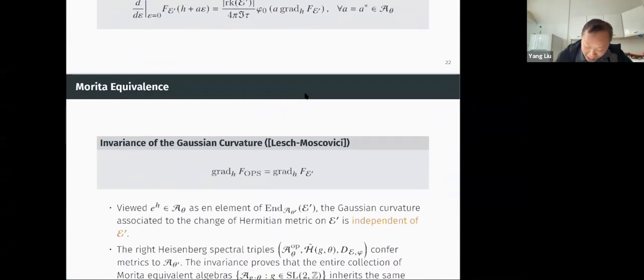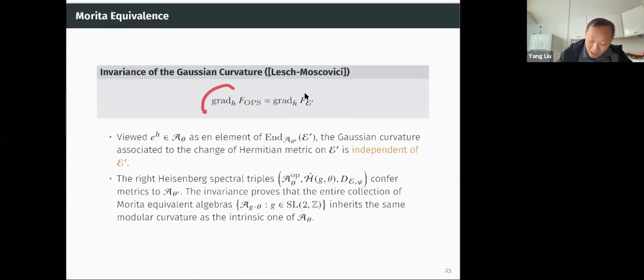We find the same elements in A theta, this curvature. So this right-hand side is sort of extrinsic curvature, the left-hand side is sort of intrinsic curvature. They do agree in this business.